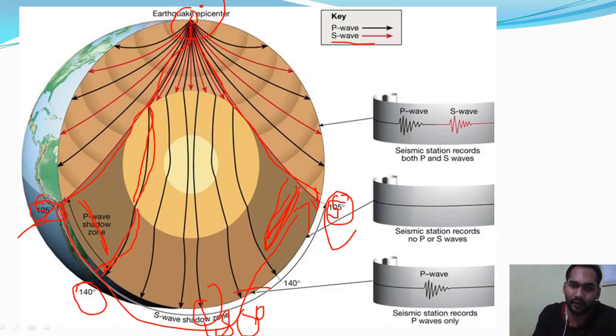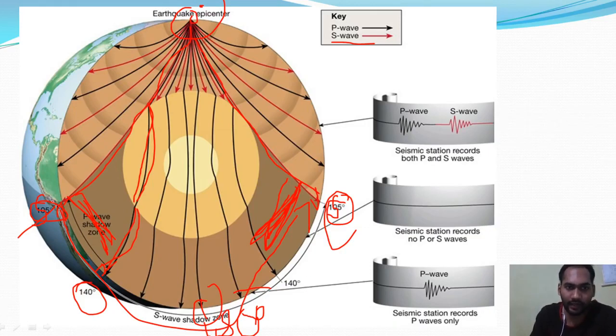In this region we will not get any P or S. This is your seismic wave shadow zone, measured from the source. From the source it is 0 degree, then 103 here, then 140 or 143 here.